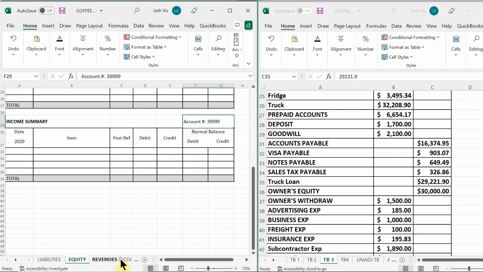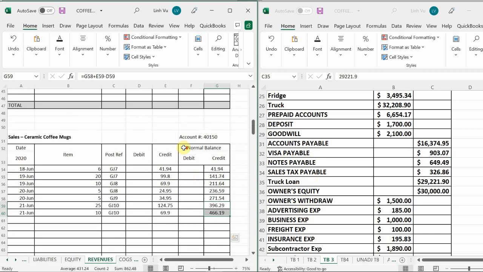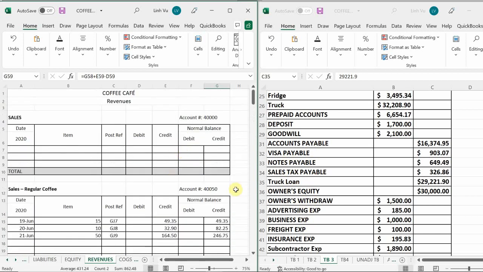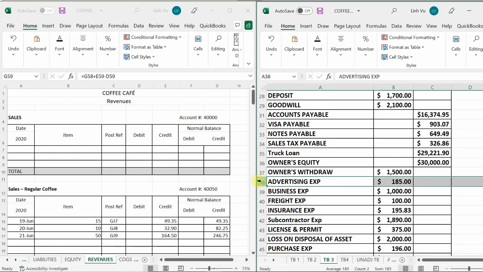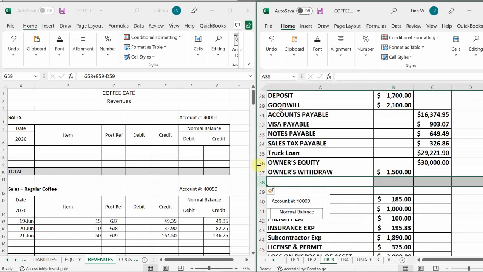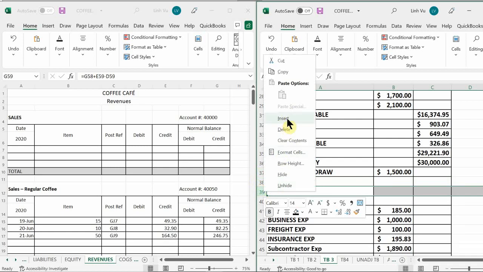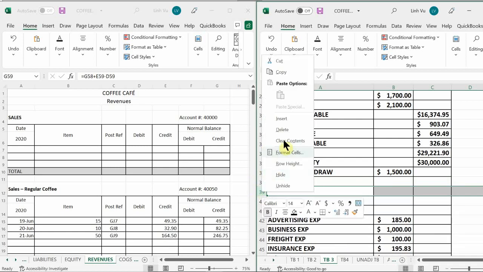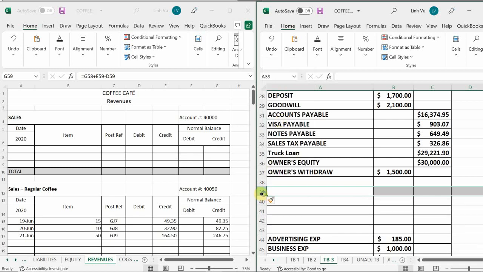So now I have revenues. This is the whole section where you're going to insert a lot. Right here above advertising, these are all my expenses. I need to insert all of my sales. So I have sales regular coffee, sales supreme coffee, sales ceramic coffee mugs, sales medium regular, large regular, large supreme, medium supreme.